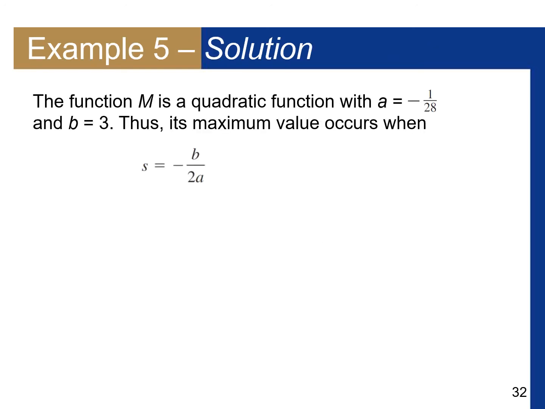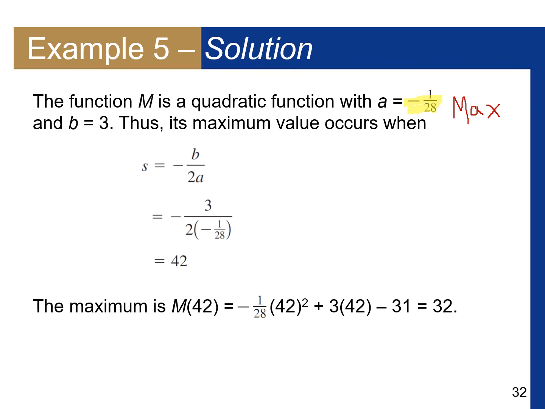The function M is a quadratic. A is negative 1 over 28. So that immediately tells me that I'm going to be looking for a maximum. I'm not going to be looking for a minimum. So A is negative 1 over 28 tells me I'm looking for a max. Plug in my values and simplify, and I get 42.